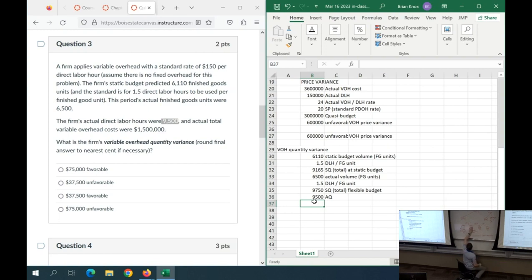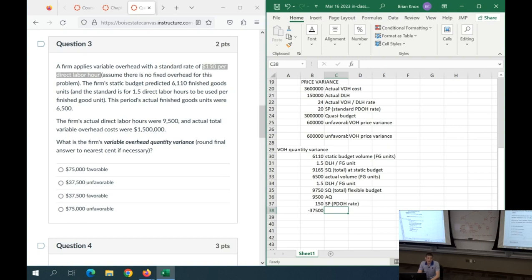We haven't pulled the lever of price yet for the price variance, so we're still in standard price land here. So we copy over that standard price of $150 per direct labor hour, or our POH rate. So I'm going to take the actual quantity minus the standard quantity and multiply that by the standard price. So I get 37,500.